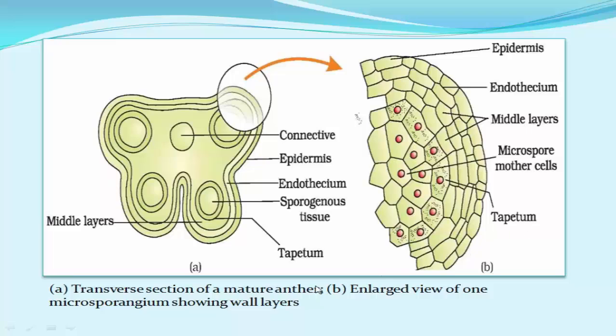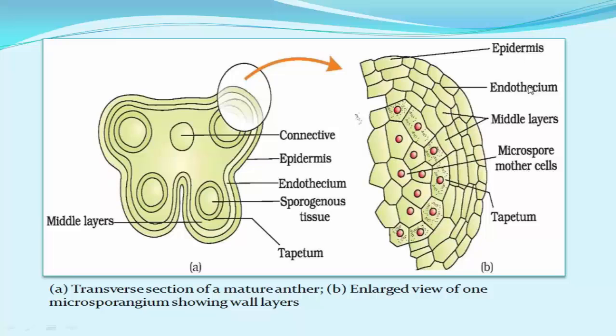A typical microsporangium is surrounded by 4 wall layers from outside to inside: epidermis, endothecium, middle layers, tapetum, and in the center of microsporangium, the microspore mother cells are present. And these microspore mother cells are nothing but diploid cells of the sporogenous tissue.